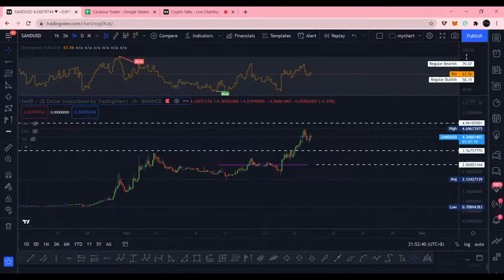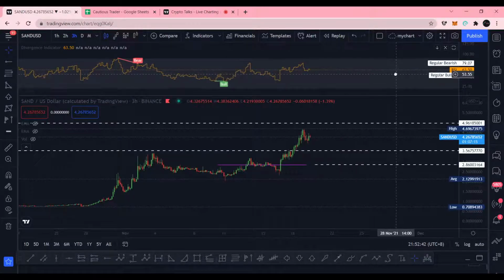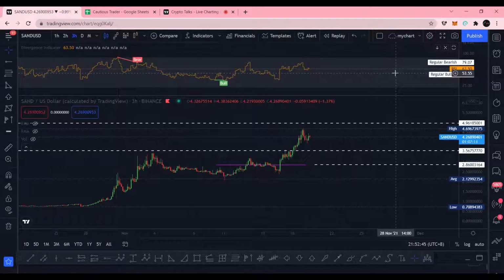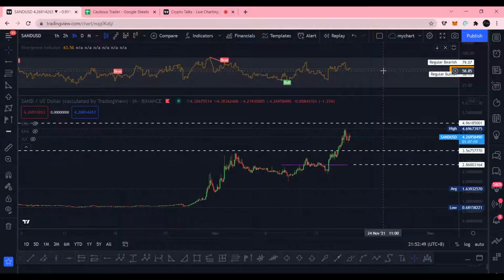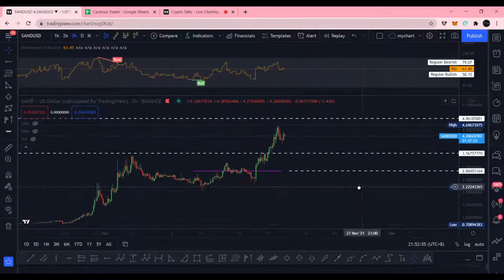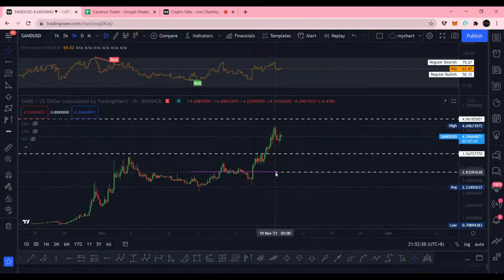Wala masyadong makita eh. Though if you want to hold it long term, I think I bought it some. I settled some, I think, in Sand. Oh, I think I did not settle some of my Sand perpetual to Sand. Only the Mana. Yeah, because I don't know, I forgot.